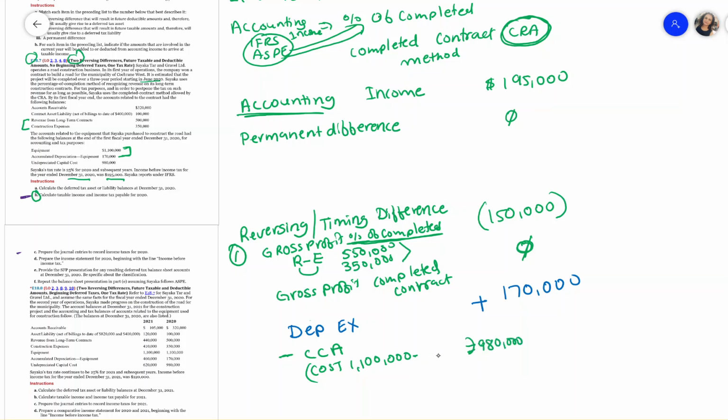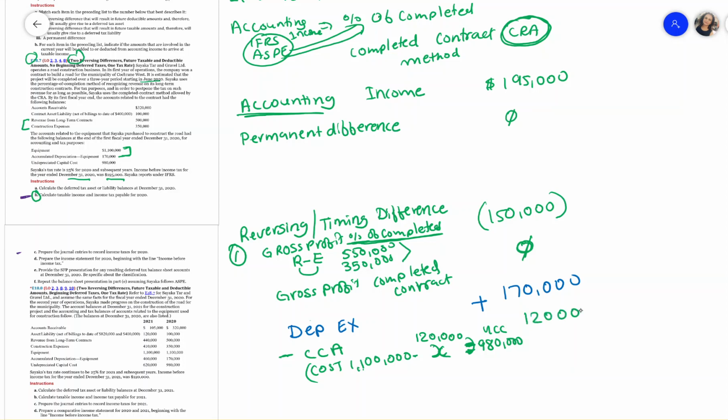So we must have taken some CCA in order for our UCC to be 980,000. You take the cost minus your UCC, which gives you X. In this case, X will be 120,000. So 1,100 minus 980 gives me 120,000. That is the CCA that I should have taken.